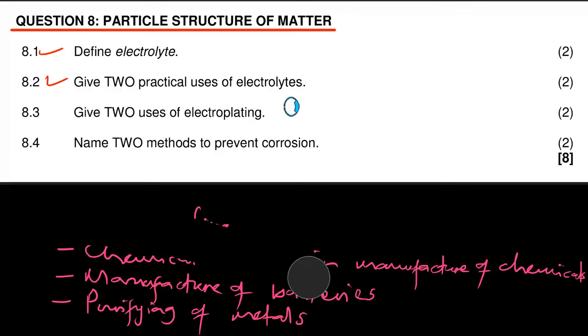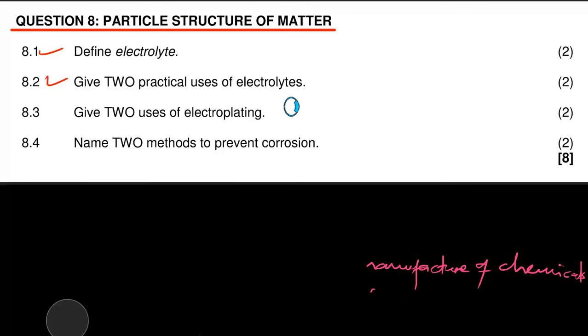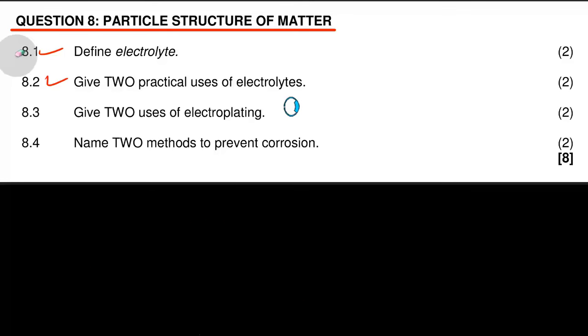That is 8.2. Let us look at question 8.3. Question 8.3 says give 2 uses of electroplating. So you see now they are referring to electroplating. Remember we said on the top part to say 2 practical uses of electrolytes, it was in electroplating. Now they want us to give 2 uses of electroplating. Where do you find it being used?